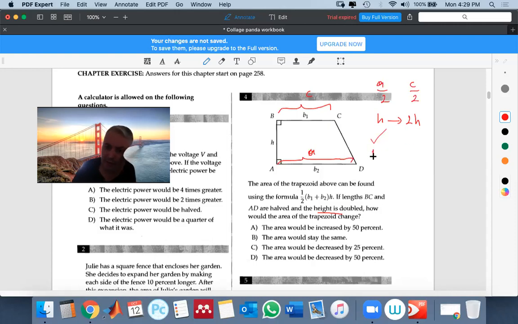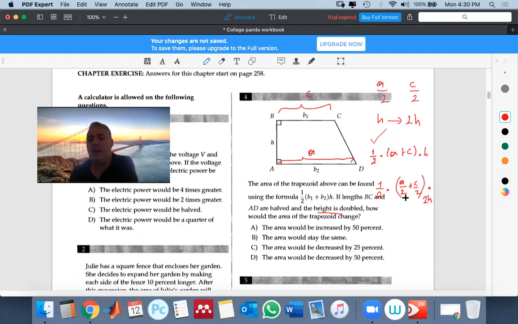The normal area is 1 over 2 times (A plus C), lower base plus upper base, times H. Now the new area is 1 over 2 times (A over 2 plus C over 2), since we halve the lower base, halve the upper base, and double the H. So this is 2H. What is being changed?